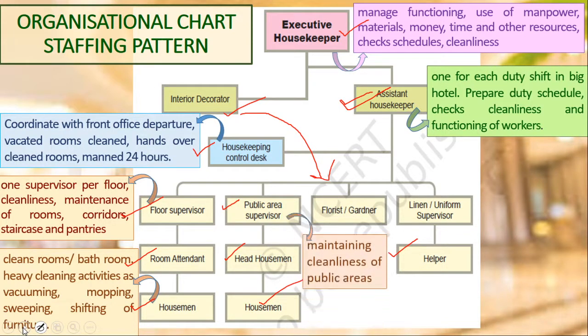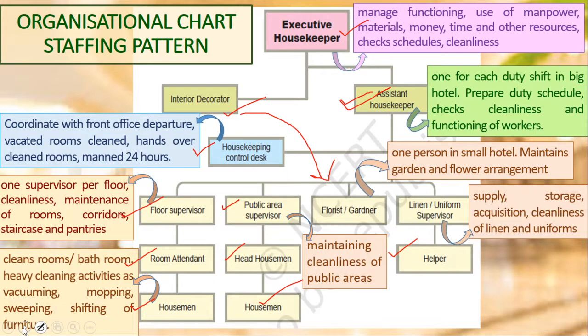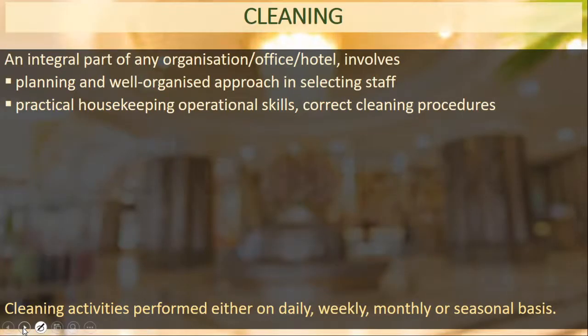Then you have public area supervisor, which maintains the cleanliness in the public area. Florist and gardener, I've already told you. One person in a small hotel, and it could be a team of gardeners or the florists in a big hotel. Linen or uniform supply, who maintain the supply, storage, acquisition, and cleanliness of linen or uniform.